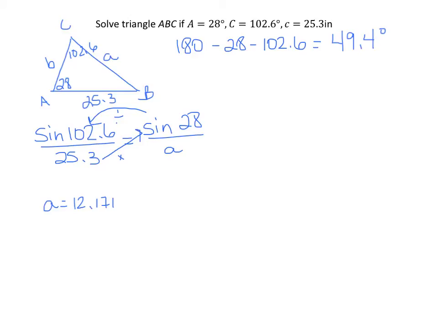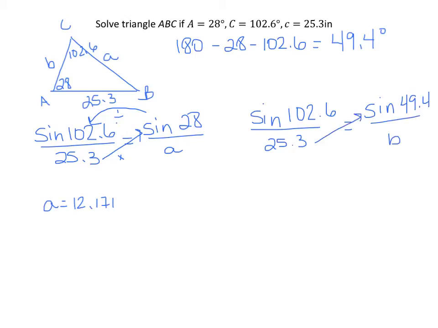So you will again use this ratio of sine C over C, and set that equal to the sine of angle B that we calculated over side B. Again, I will cross multiply, and I get a value for side B of 19.684.